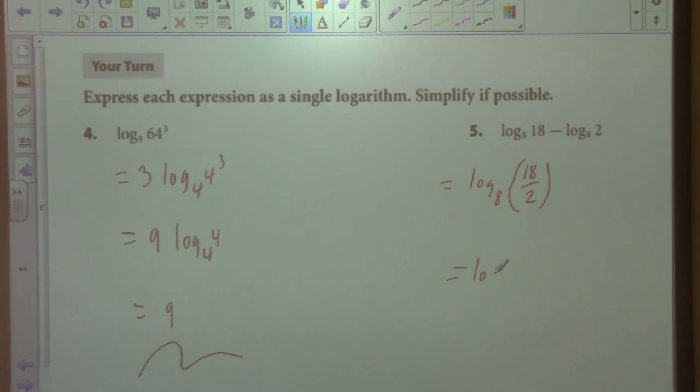When you write that, you want to write the 8 kind of as a subscript. And then you have 9, and 9 you can write as 3 to the power of 2. So that's going to be equal to 2 log base 8 of 3.